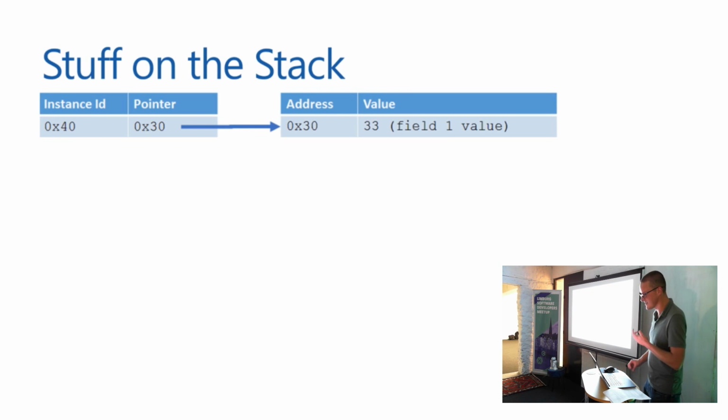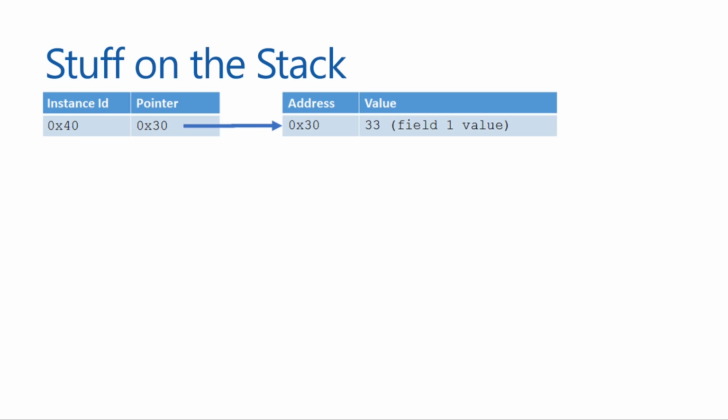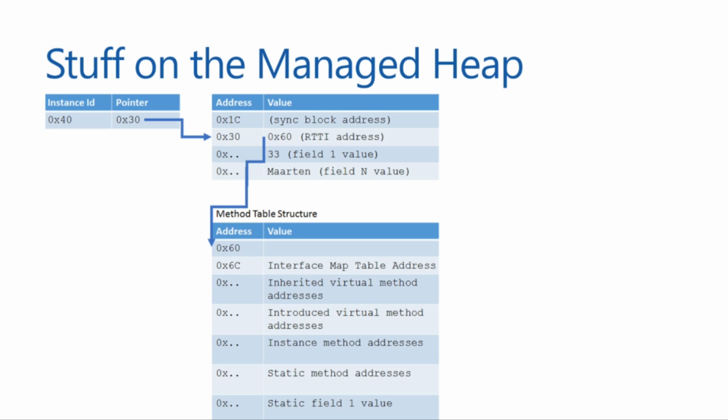Things that are allocated on the stack, if you store some integer there, you'll basically have 2 tables, the main instance ID pointing to an address that has a value, so your integer will just be 2 tables. If you store something on the heap, you actually get, well, really a lot more, but you get something like the relational database that I was thinking about.